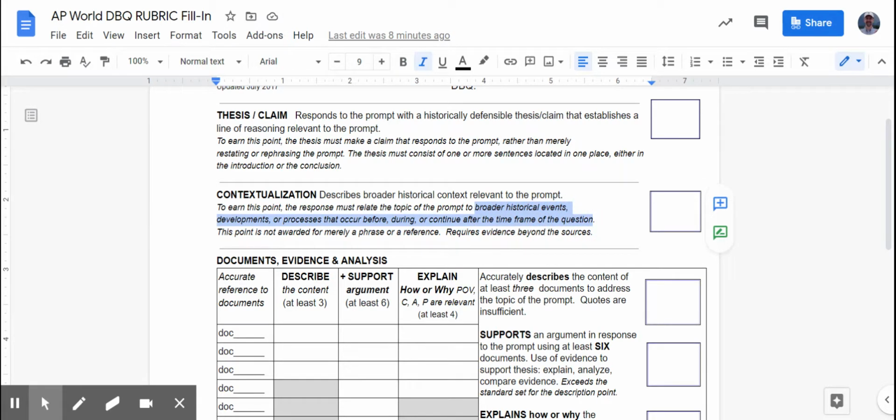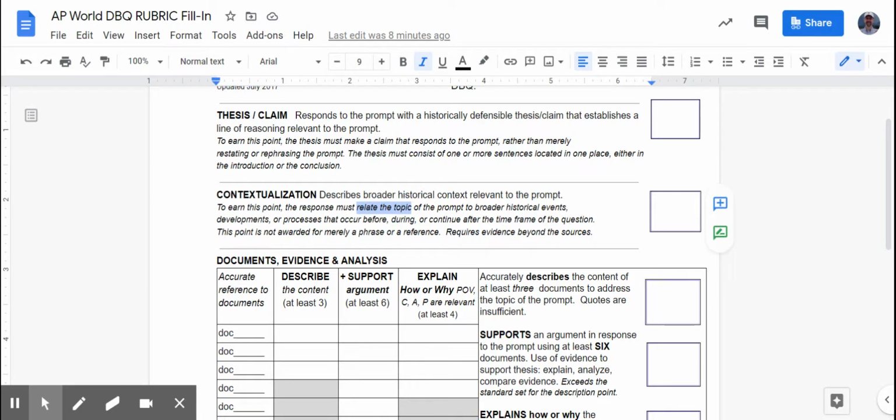Okay, you need to have more than a phrase or reference. You have to bring in evidence beyond the sources, in other words, specific examples, and you should relate it to the prompt. And you can do that with a phrase.